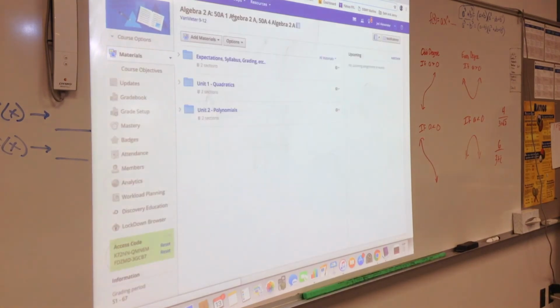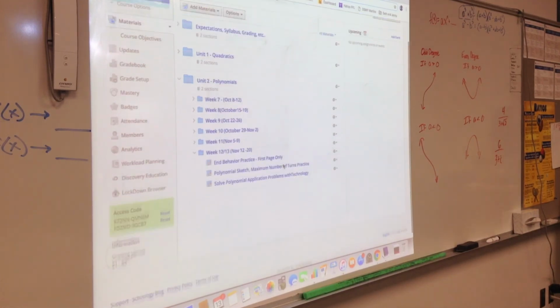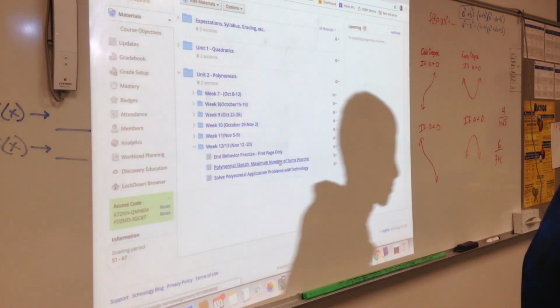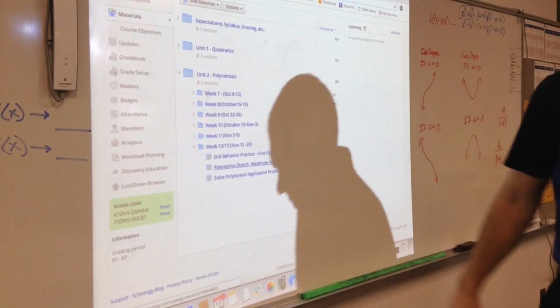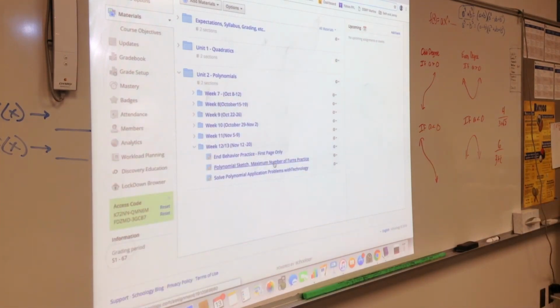So make sure you grab some graph paper if you're going to use it. On Schoology, if you're looking for the document, it is this middle one right here.